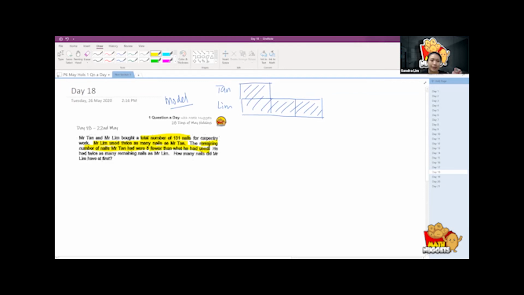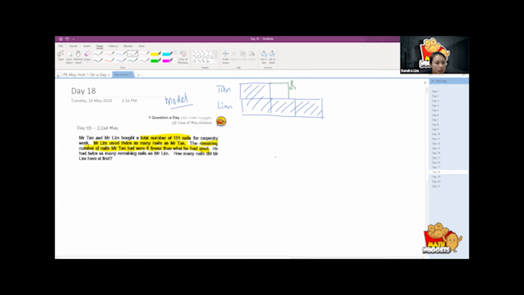So if you look at Tan, Tan is 1 unit, right? What he had left was 8 fewer than 1 unit. So I'm gonna add on what he had left, which is something like that. 8 fewer than 1 unit. Okay, so the green color one will be what he had left.